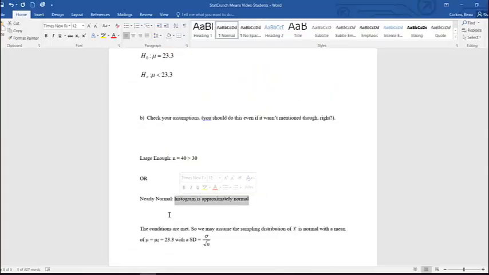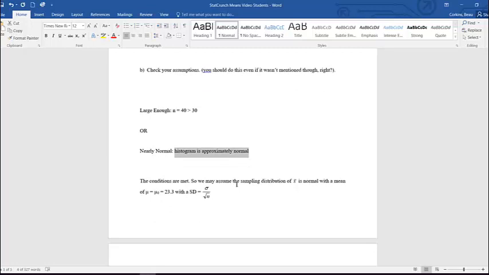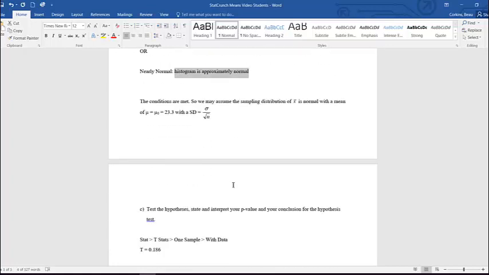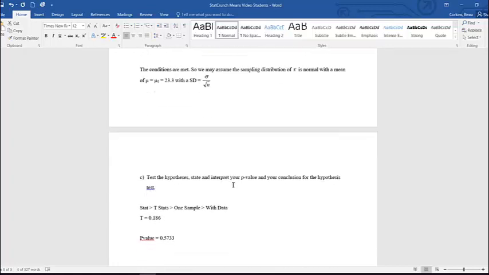It is approximately normal, hence the conditions are met, and we may assume the sampling distribution of x bar is normal, with a mean of mu 0 and a standard deviation, which will need to be calculated. But again, StatCrunch is going to do all that for us.